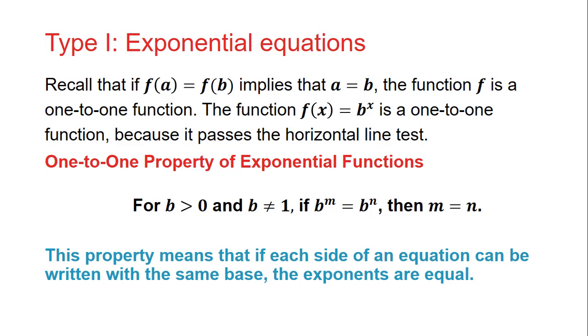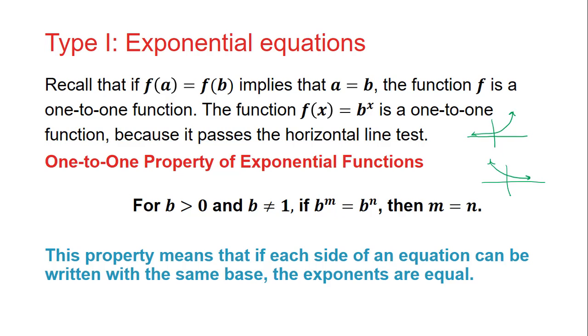So this means that if two y values are the same, the only way that can happen is if the inputs are the same. We know that the function f of x equals b to the x, that basic exponential function, is either increasing or decreasing based on the value of b. But in either case, it is a one-to-one function because it passes the horizontal line test.